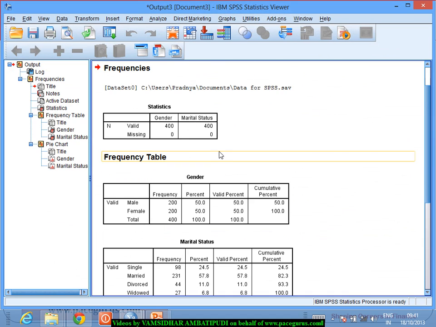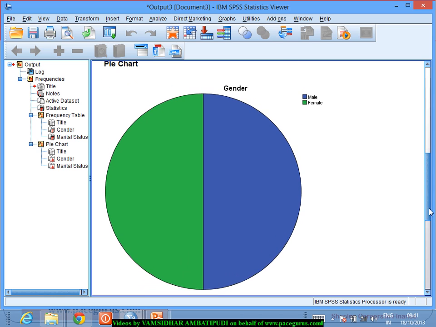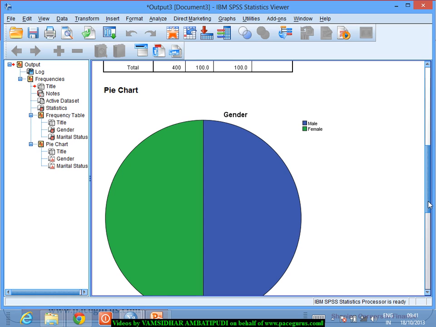So this is how the output comes in SPSS. We'll try to analyze each and every table that we are getting. Initially, we can look at the chart, right? Let's go to this chart here. Now you see a separate chart being plotted, a pie chart for gender.